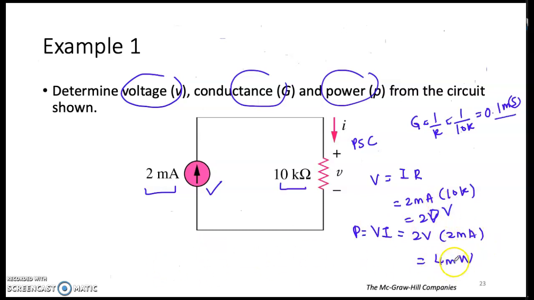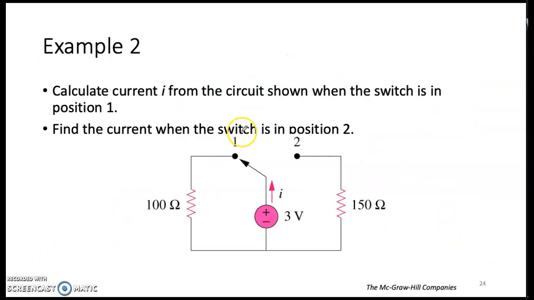Sorry for that. Okay, so this is 20 volt. So here you can get 40 milliwatt. So the unit is watt. For this example, you can try by yourself, and then we will discuss more examples in the class later.